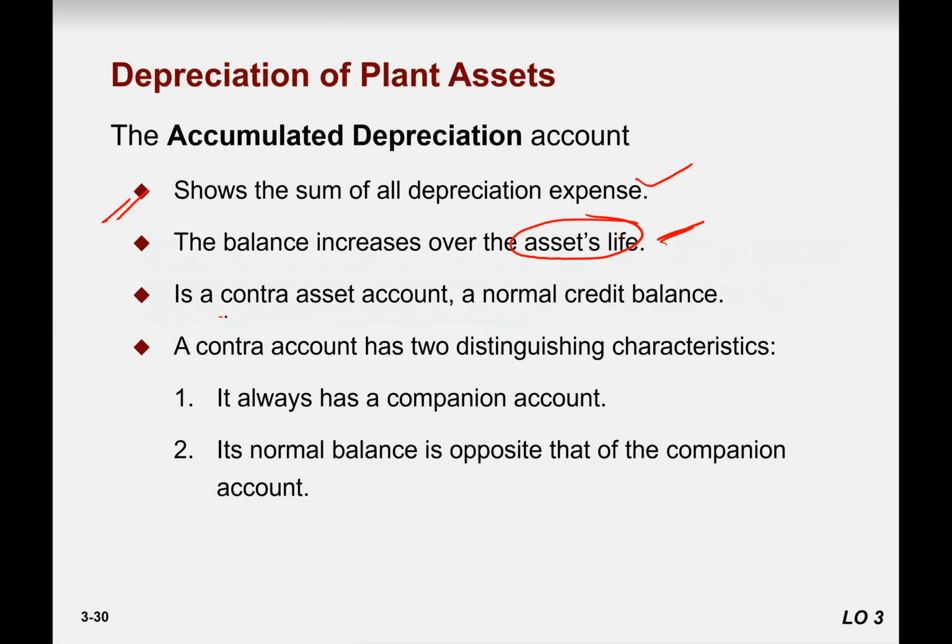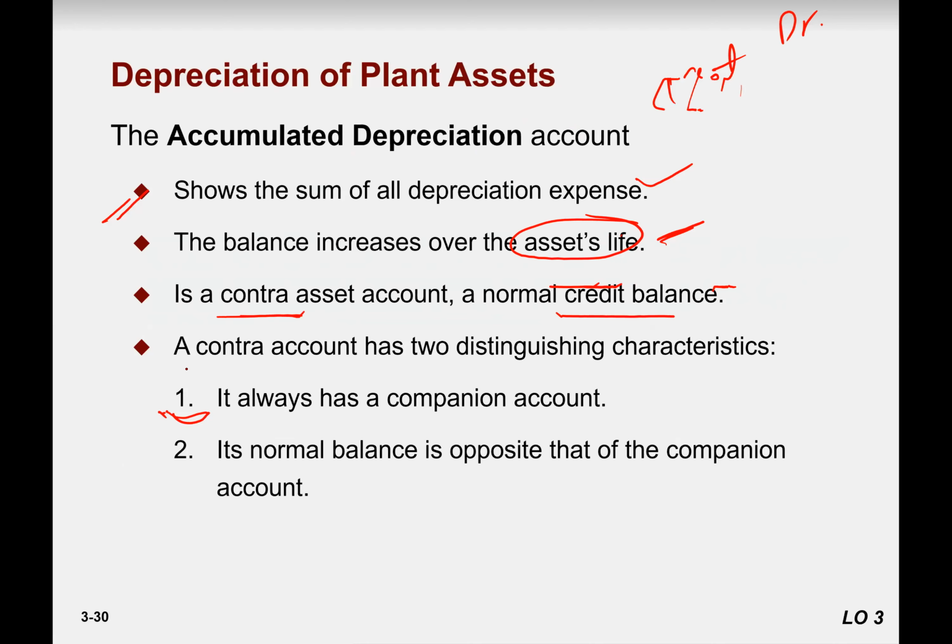So this is a contra account, right? The asset account's normal balance is debit, but its balance is the opposite one, credit, right? So there are two distinguishing characteristics of a contra account. That is, it always has a companion account.